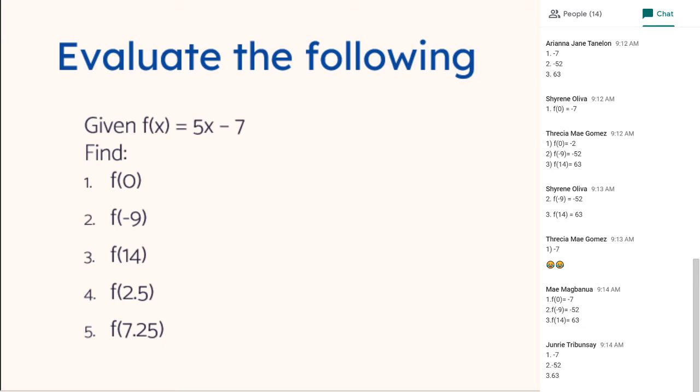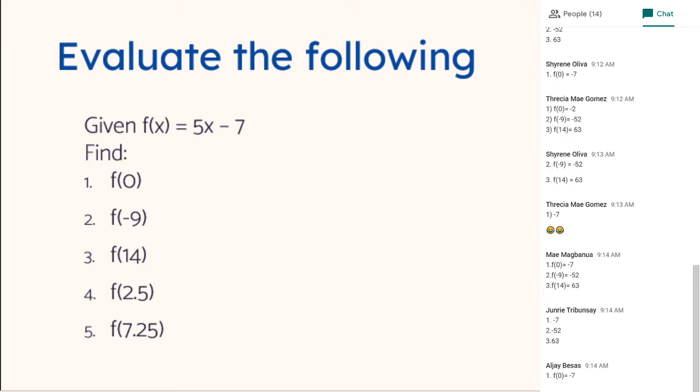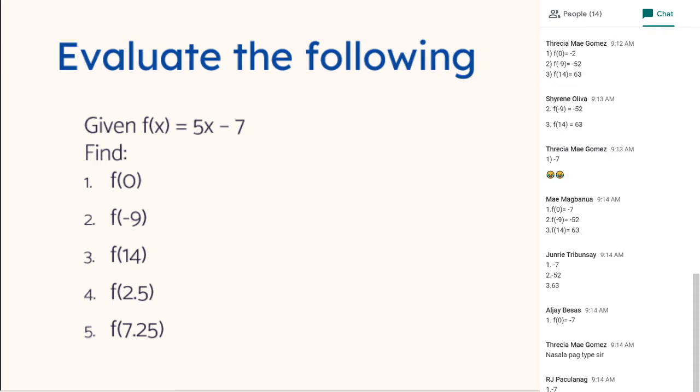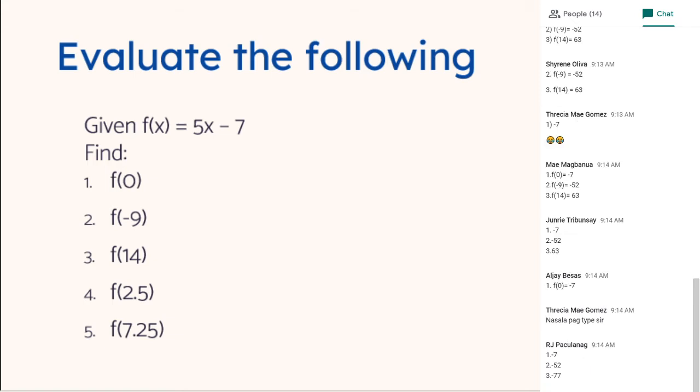Ang number 2 is the same, -52 and 63. Ara na si RJ: -7, -52, -77. Oh, number 3 ni RJ is -77.